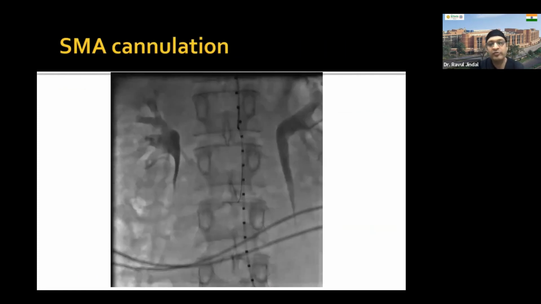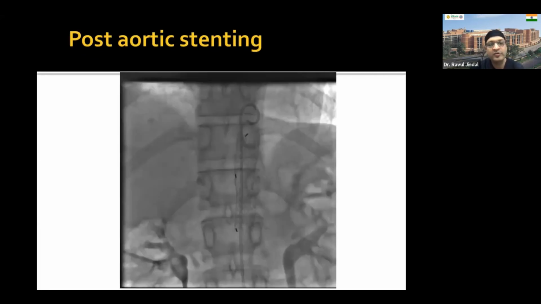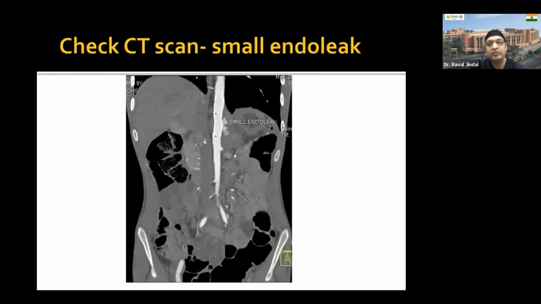Later on, we did the celiac artery aneurysm by an endovascular route because open repair was a very major surgery. We placed a stent into that and saved the SMA, and still there was a small endoleak which we left. When we took a check CT scan after 3 weeks, this small endoleak in the celiac artery aneurysm had sealed up.